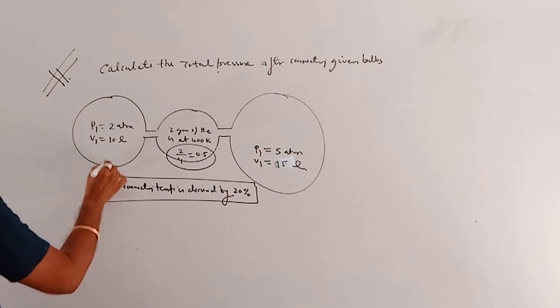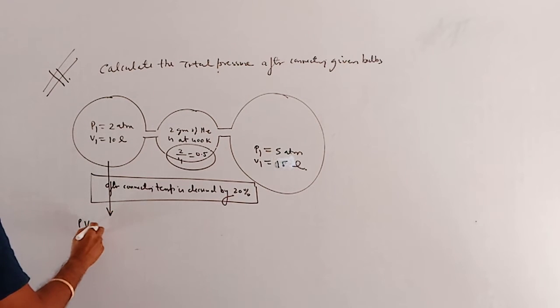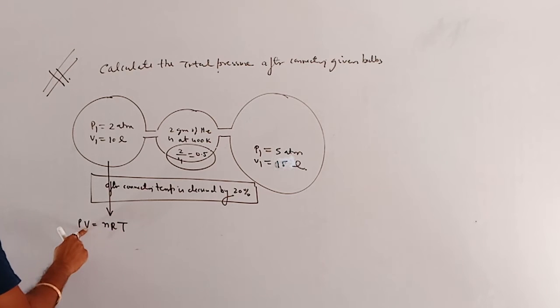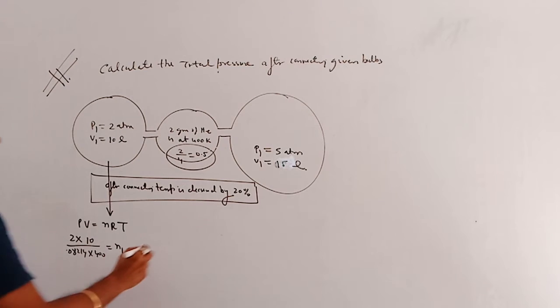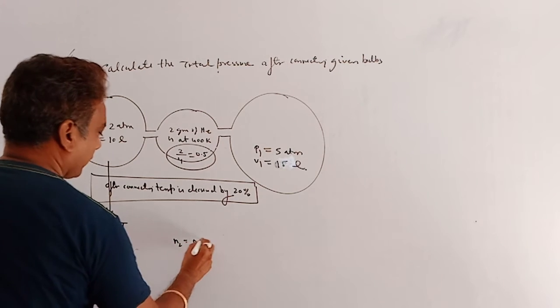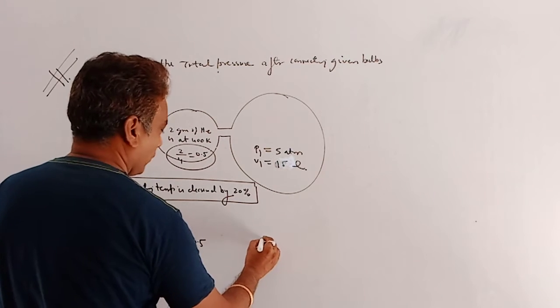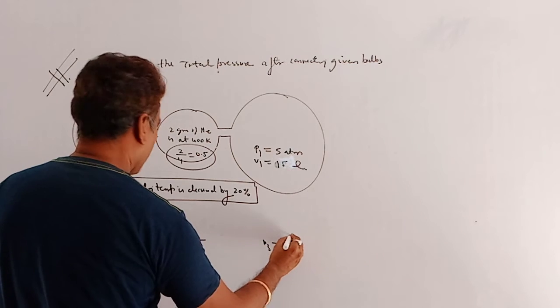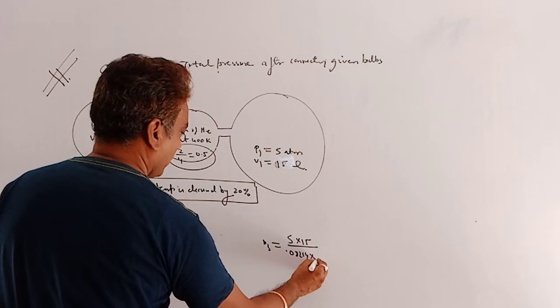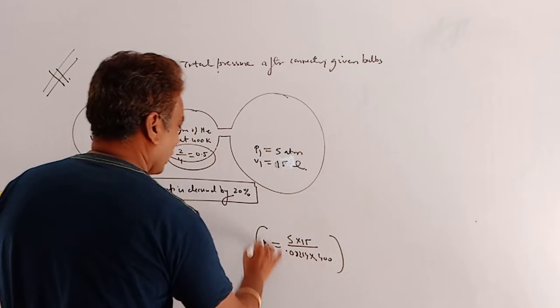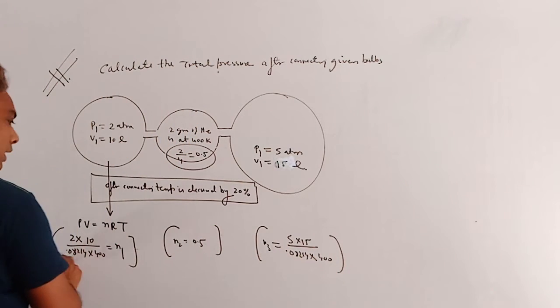In the first bulb, by using PV is equal to nRT, N1 is pressure 2 times volume 10 divided by R, whose value is 0.08214, times temperature 400 Kelvin. Here N2 is 0.5, and N3 is 5 into 15 divided by 0.08214 multiplied by 400.